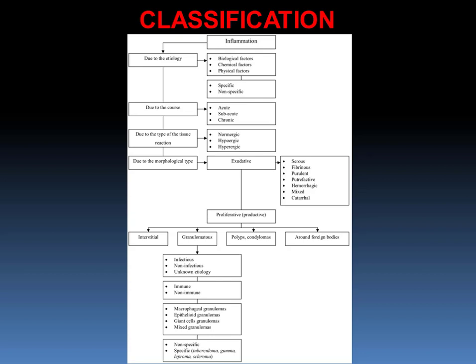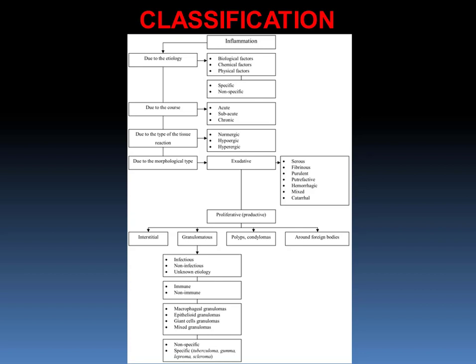Chronic inflammation is a long process, half a year and more, when the tissue damage, reactive changes and process of healing occur simultaneously. Periods of exacerbation, when the clinical and morphological signs resemble acute inflammation, are replaced by periods of remission with partial healing and scarring of the damaged organs and tissues.